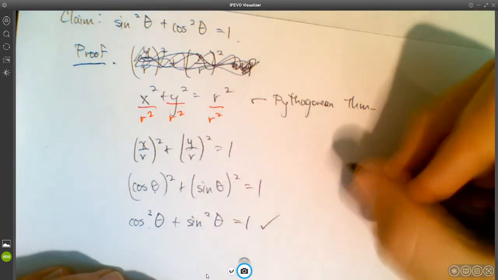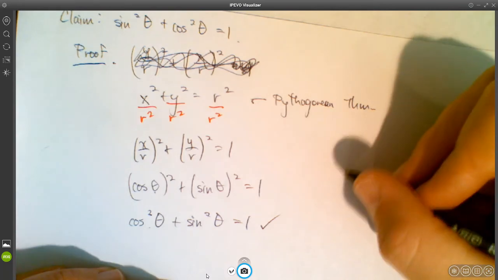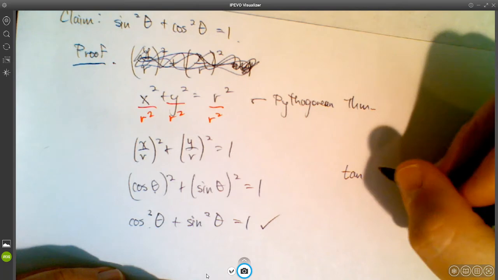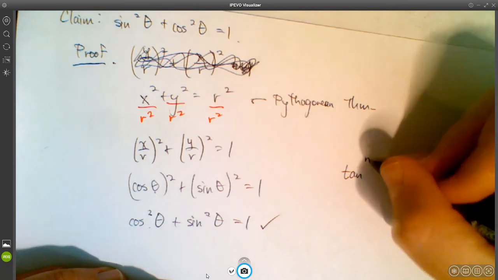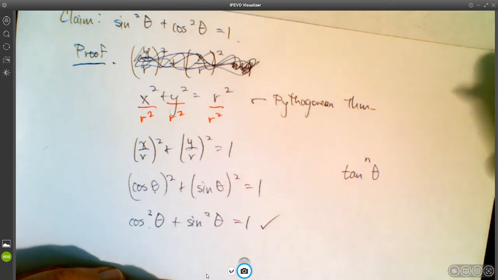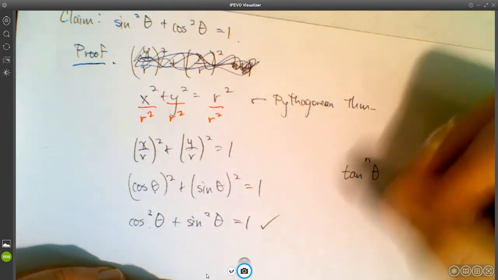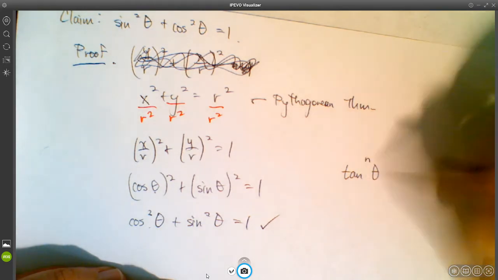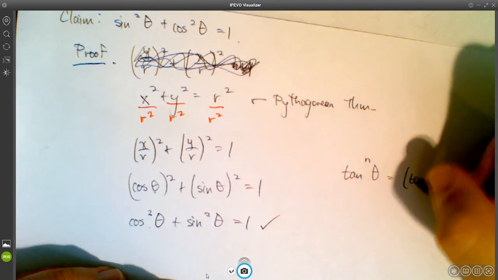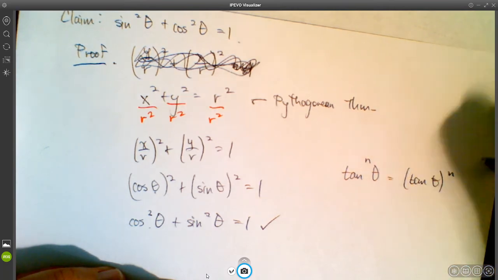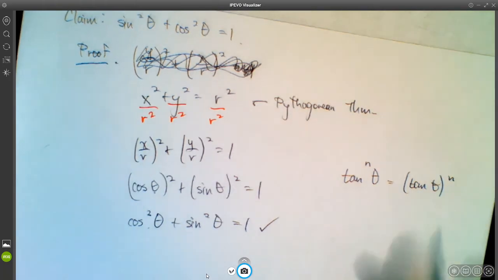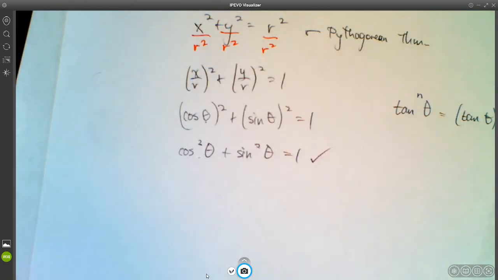In general, for any of the trig functions, say tangent, a notation like tan to the n of theta really does just mean tangent theta to the nth power, right?